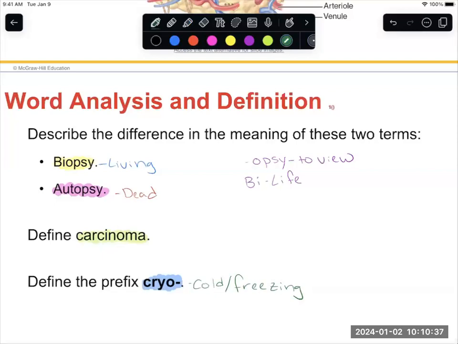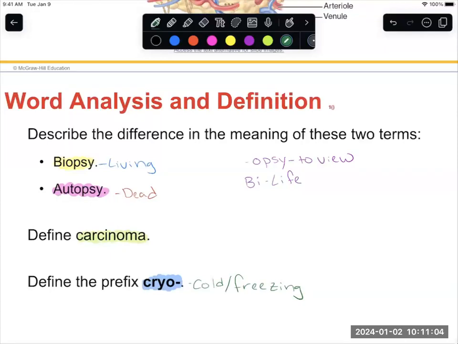It's used in injuries. If you've ever put ice over swollen red skin, that's where you are using what is known as cryotherapy. Cryotherapy is using cold or that freezing of that tissue to prevent further swelling.